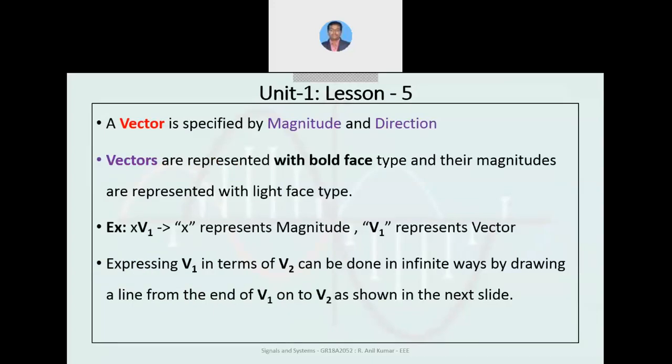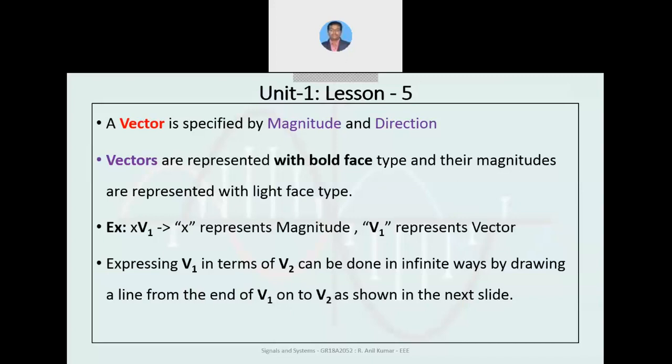Now let us see what we mean by vector. I think most of you studied the EMF subject, in which we come across scalars and vectors, or in mathematics also we can come across these words. So I think most of you know the regular definition: a scalar has only magnitude, whereas a vector has both magnitude as well as direction.